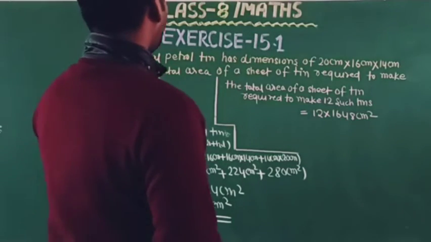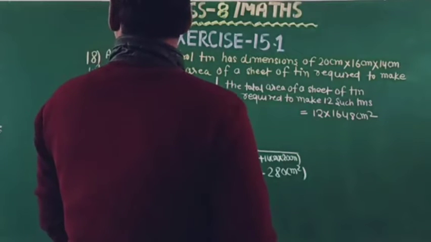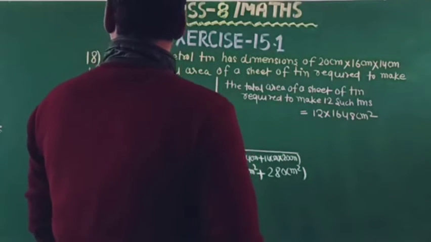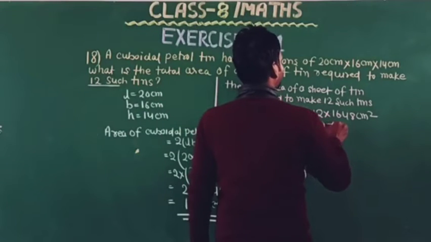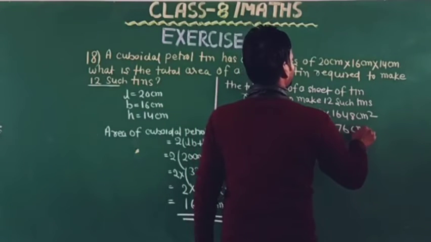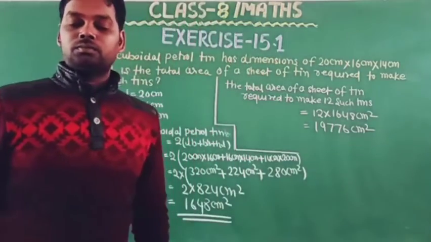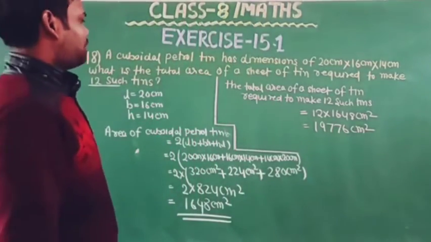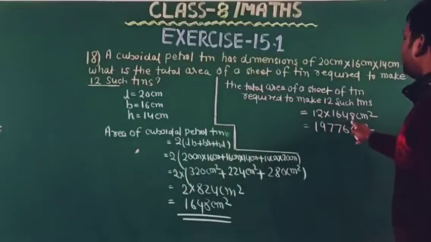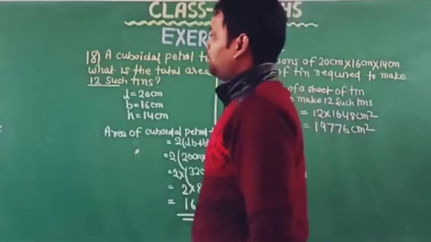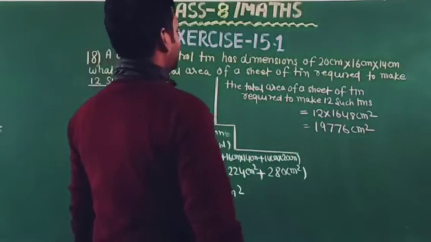Now multiplying 12 into 1648, we get 19776 centimeter square.